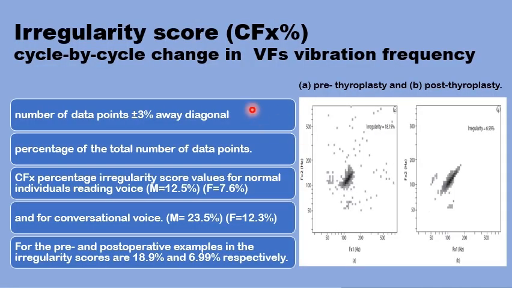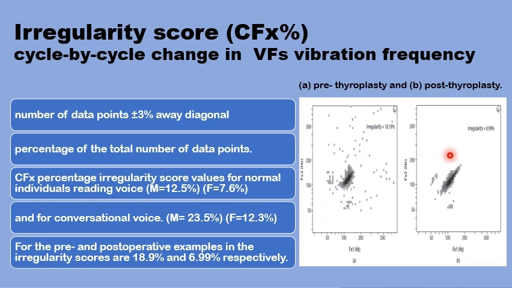The irregularity in the cycle-by-cycle vibrations of the vocal fold can be quantified by the irregularity score percentage. In the scatter plot, the number of dots away from the midline would indicate the irregularities in the cycle-by-cycle changes. In a patient with recurrent laryngeal nerve palsy, like in here, you see a lot of dots off the diagonal line.